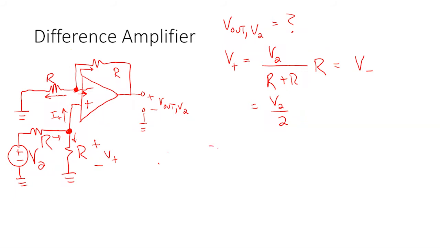If I do it that way, 0 equals the sum of all those currents going out. So how would I write the current going into the resistor in that direction? V minus minus 0 over R. That's the current coming out of there, right?